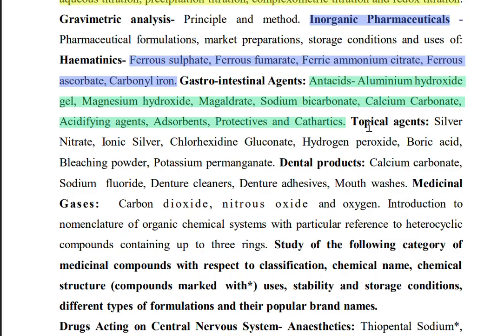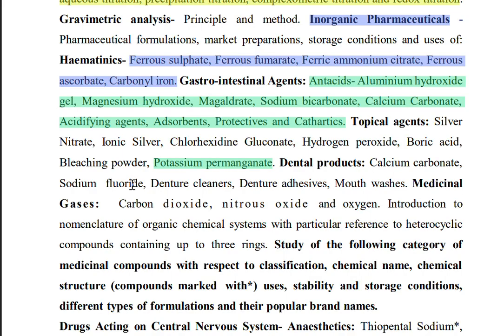The next topic is topical agents: silver nitrate, iron silver, chlorhexidine gluconate, hydrogen peroxide, boric acid. Can you guess the molecular formula of boric acid? Yeah, H3BO3. And bleaching powder and potassium permanganate. This potassium permanganate is used as a self-indicator in titration methods. And the dental products: calcium carbonate, sodium fluoride, dental cleaners, dental adhesives, mouthwashes.